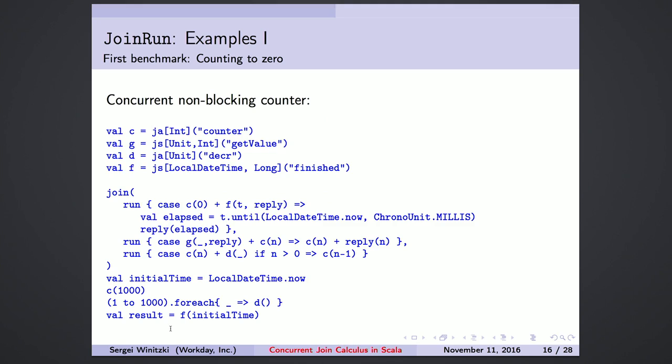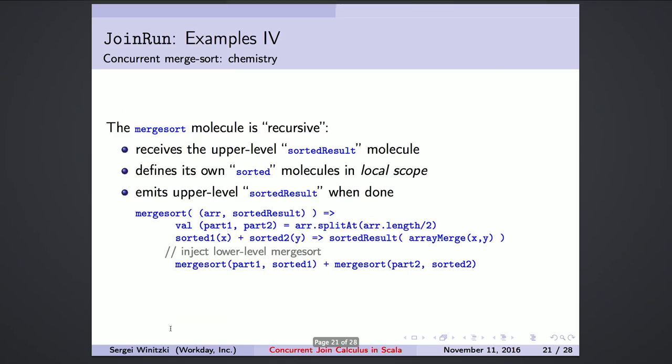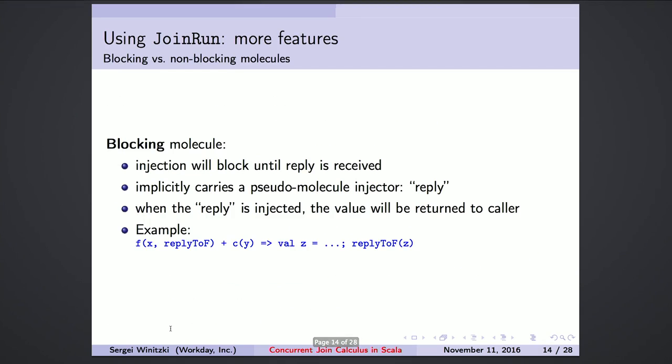I will run through some more examples. A benchmark that I made is that I have this non-blocking counter, and I put a lot of decrement molecules into the soup.